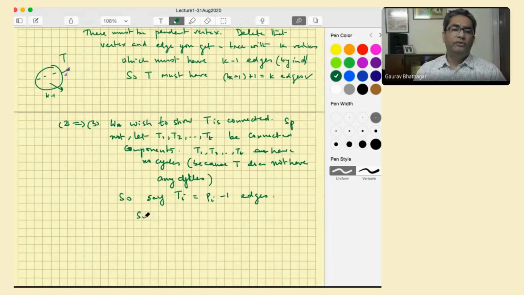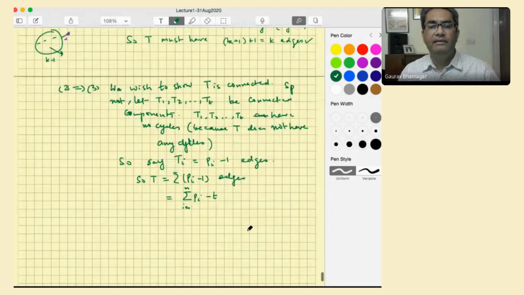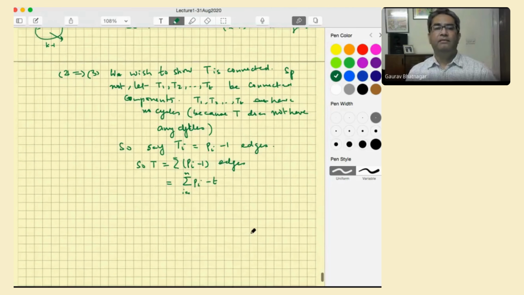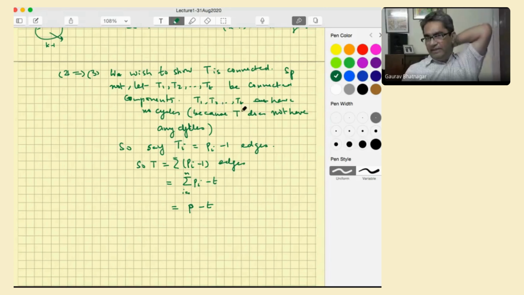So T has how many edges? T has the summation of Pi minus 1 edges. So the summation of Pi minus T edges, right? But we know that the summation of Pi is just P, right? P has T connected components.